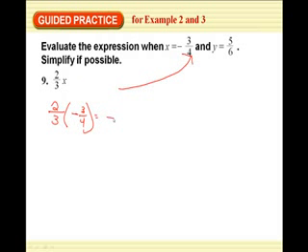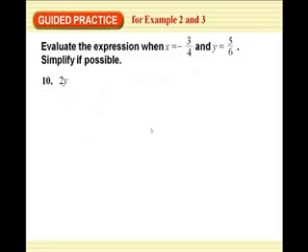A negative and a positive make a negative. The 3's cancel out. So I have 2/4, which is negative 1/2. 2 times y, so 2 is like 2 over 1. Y is 5/6. 2 goes into 2 once, 2 goes into 6 3 times, so that's going to be 5 over 3, 1 and 2/3.